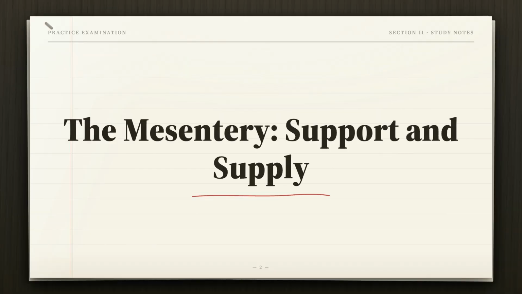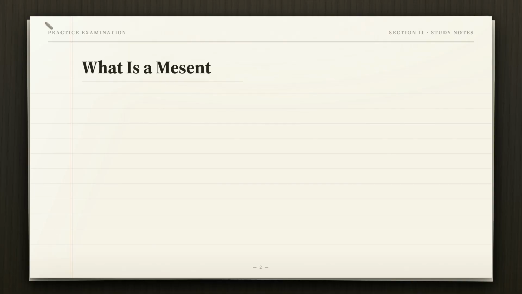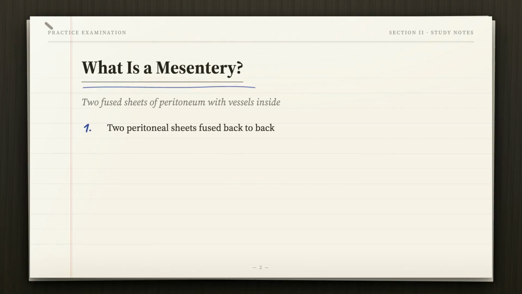6 meters of small intestine must fit into a crowded abdomen without twisting, migrating, or losing its blood supply. One structure solves all of these problems at once. A mesentery is 2 sheets of peritoneum fused back to back, forming a flat sail-like membrane between the posterior body wall and an organ.